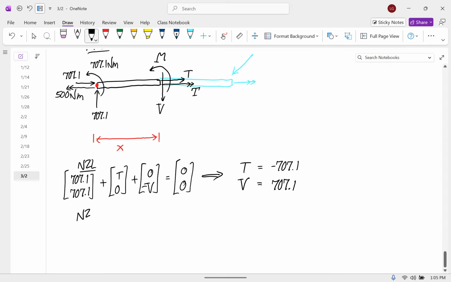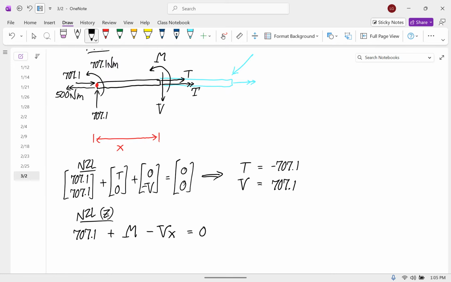And now we'll do the moment equation about the z-axis. So about the z-axis, we have the couple of positive 707.1 at the left end. And we have the couple at the right end, that's our bending moment. And then we have a clockwise moment of V times its moment arm, so that comes out as minus Vx. And remember, that one always shows up that way.